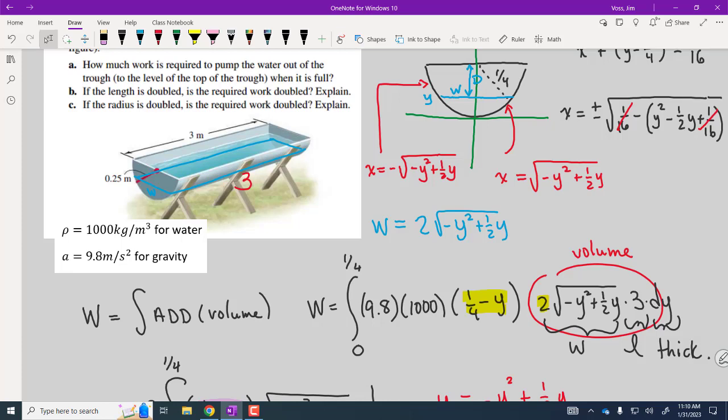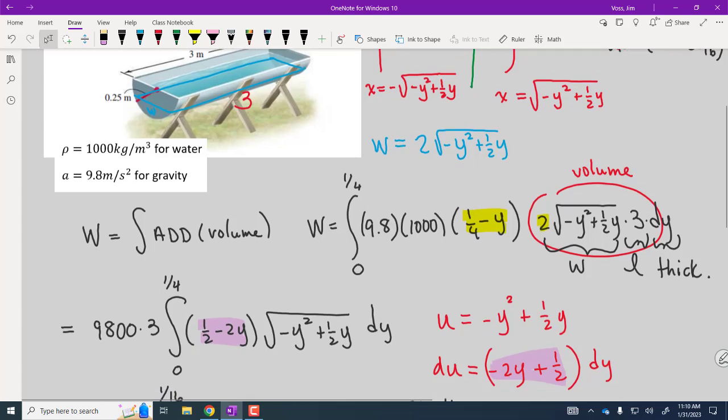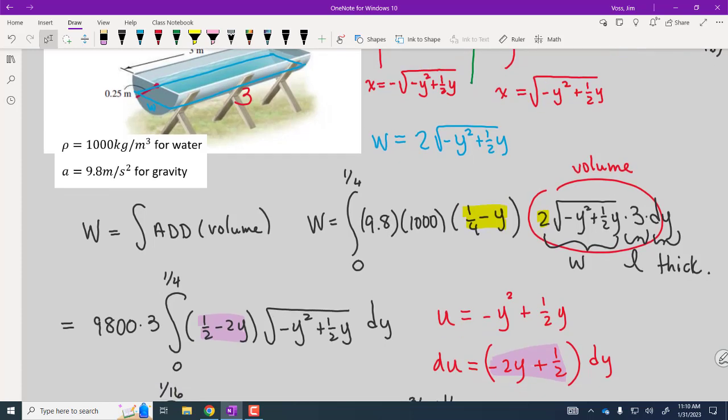The common mistake is when we look at our volume, the common mistake is to feel like you're trying to make the volume of the whole trough instead of the volume of a little slice. So we need to know what our region looks like. Our region was a rectangle, so we had to do width times length times thickness, versus the last one, which was area times thickness. So this is the volume of a very thin rectangular box.